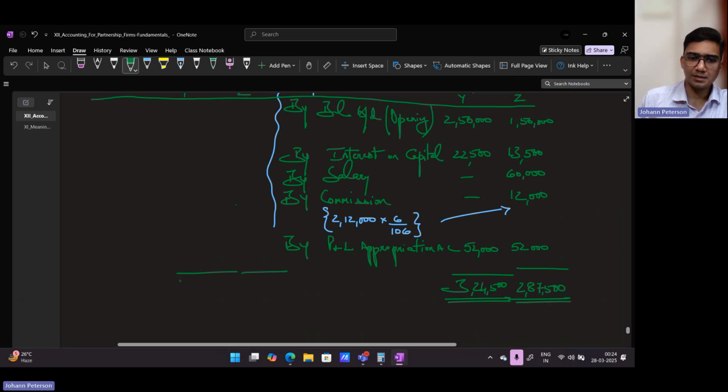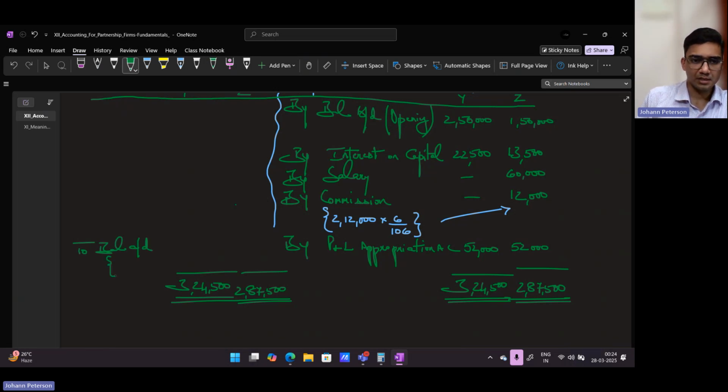So let's put this on the debit side: 324,500 and 287,500. Similarly, on the debit side, write to balance, carry down. This is again, as we know, a balancing figure, and write the same amount, 287,500.